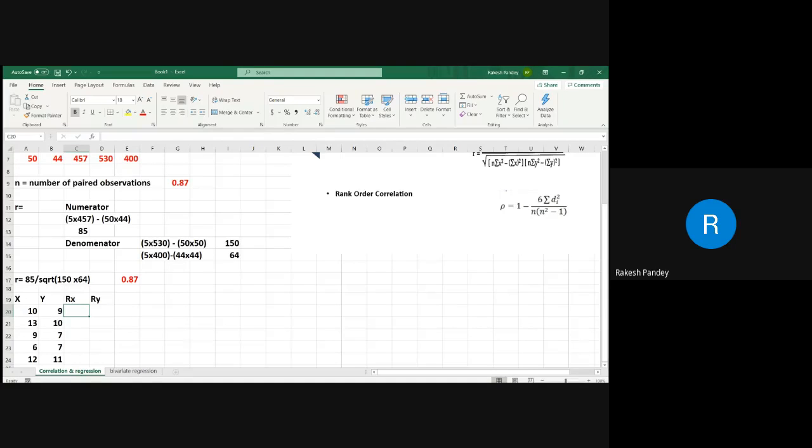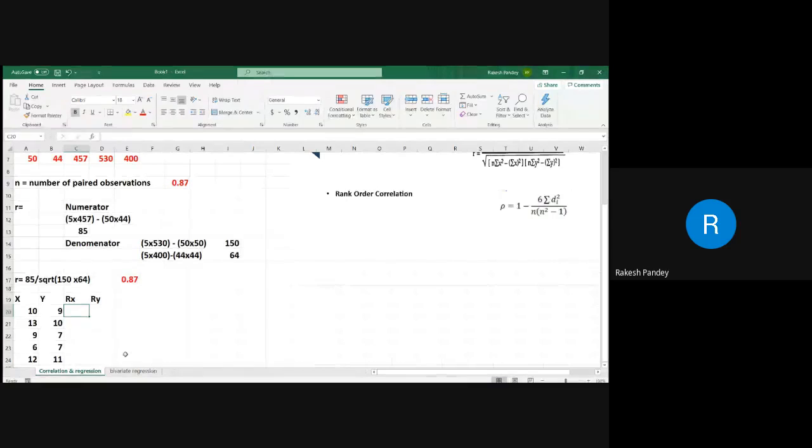Generally we provide rank 1 to the highest score. But you can do it in any way. You can provide rank 1 to the lowest score also. But if you are doing so, do the same thing with the y score. It is not that you start from the highest in x and from the lowest in y. So follow the same. We all know that we provide rank 1 to the highest scorer.